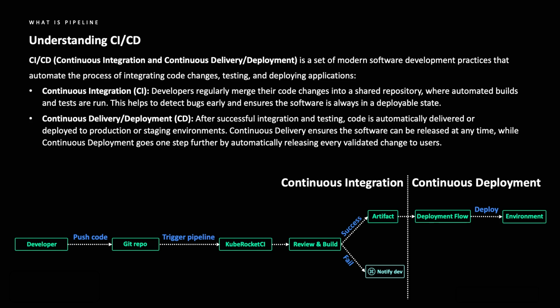Continuous delivery takes it further, delivering the artifact to the environment where continuous deployment, in turn, handles running it. The main goal of CI/CD is to accelerate the development process by automating routine tasks and to improve overall product quality through consistent and advanced quality checks.